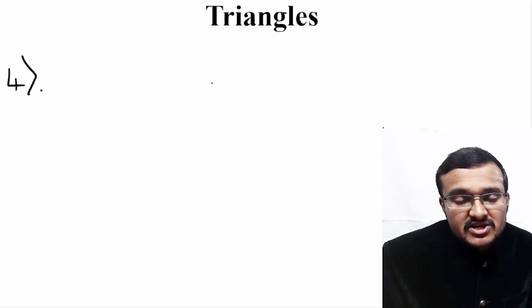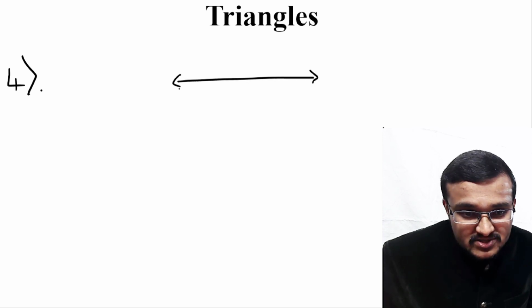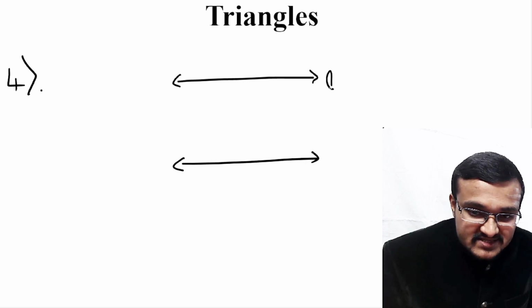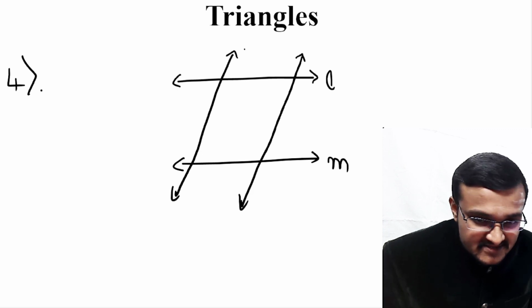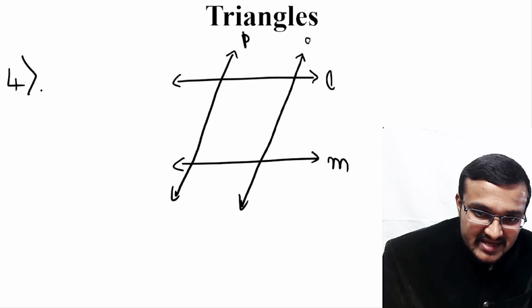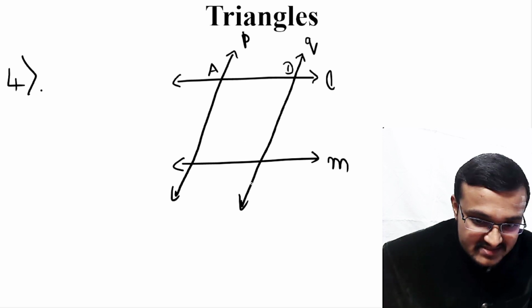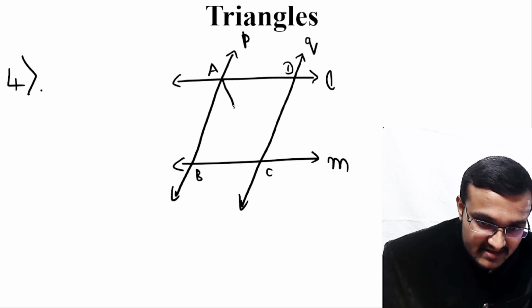Coming to the fourth question in this particular exercise 7.1, here you have two parallel lines, L and M. There is one more pair of parallel lines like this, named P and Q. This point is named A, this point is D, this is C, this is B, and AC is connected like this.